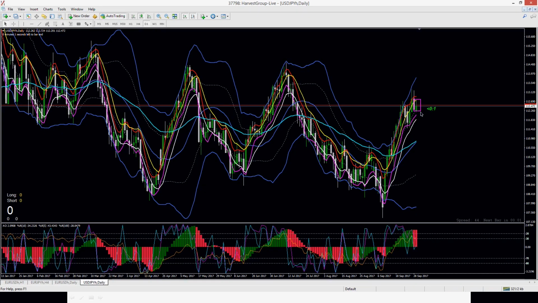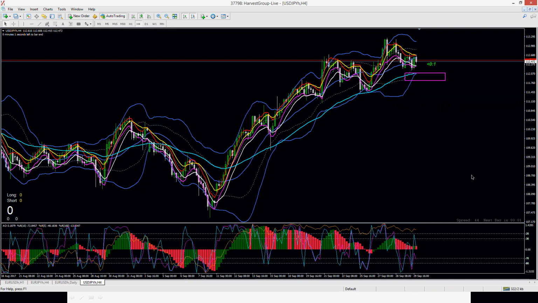There's a possibility that this might be a re-entry on D1. So the price going down is a possibility that it might create a re-entry on D1. Okay, so I would look for a re-entry on this zone at EMA 50. As you can see here, we can do some back tests over here.